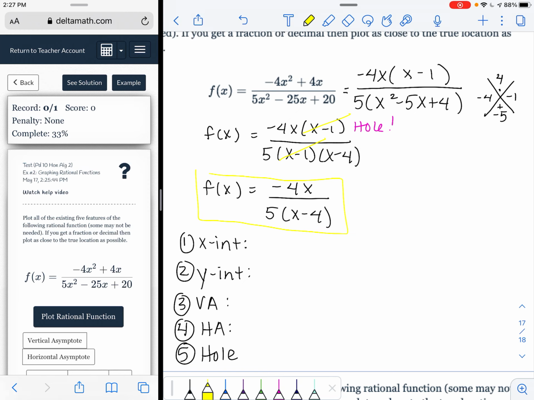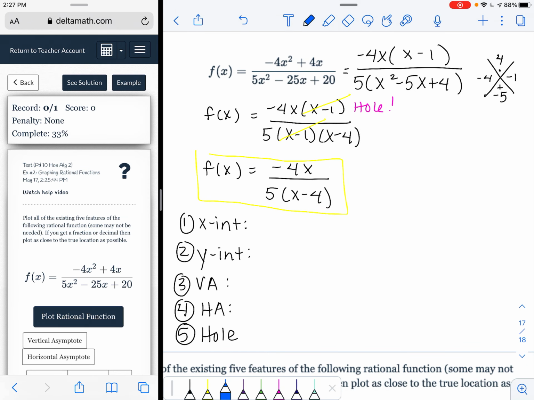Okay. I'm just going to box the f of x so that it's a little easier to find. Okay, so let's do our x-intercepts. For our x-intercepts, we're going to set the top equal to 0. If I divide both sides by negative 4, that gives me x is 0. So I get 0, 0 for my intercept.